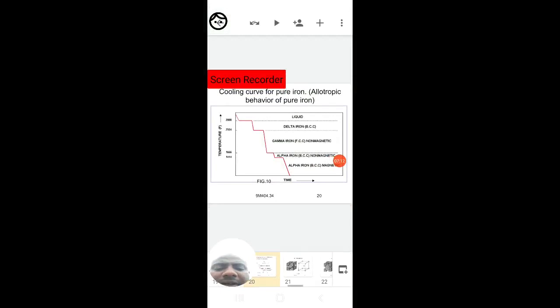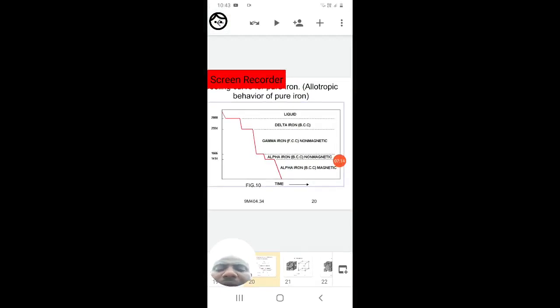It exhibits an FCC structure. It is very important below 1666 degrees.